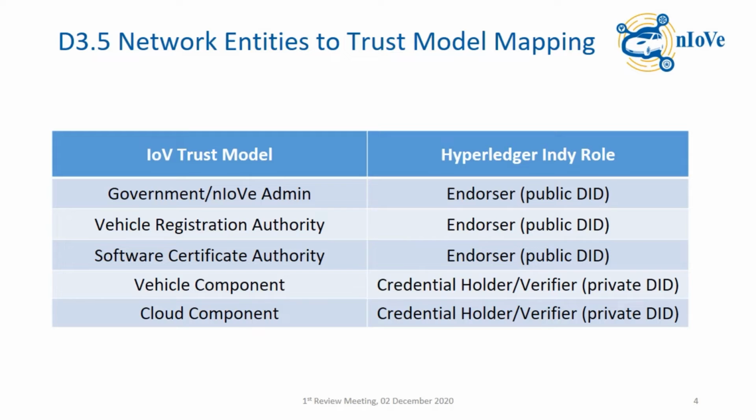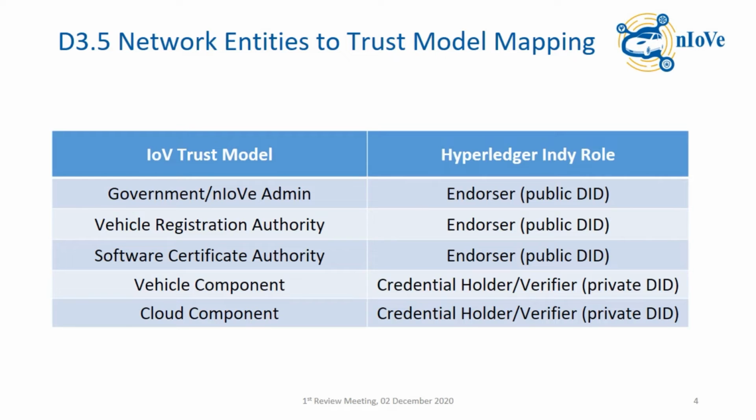The government is represented in the nIoVe Admin Authority, which registers credential schemas for the vehicle and software authorities. The vehicle authority is represented by a vehicle registration authority, and the software authority embodies a software certification authority. The vehicle registration and software certification authorities act as issuers.